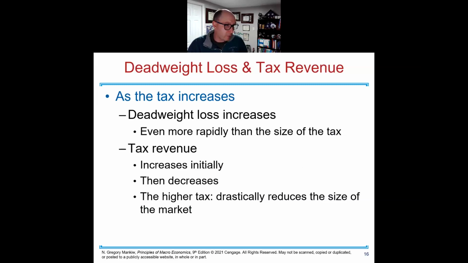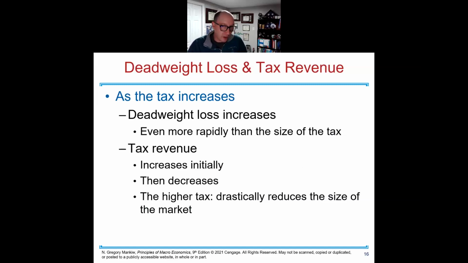Because neither the buyer or the seller benefit from the tax, because the tax is collected from both the buyers and the sellers, but that tax is remitted directly to the government. Neither the buyer or the seller benefits, therefore it is a deadweight loss. And that deadweight loss increases as the tax rate increases. That makes sense.